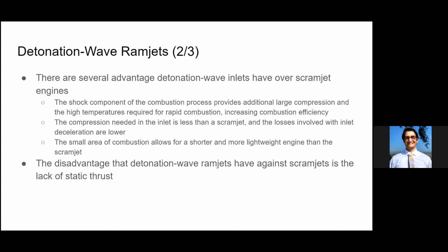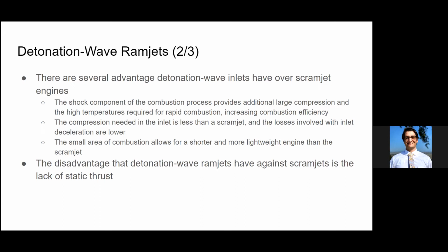There are several advantages that detonation wave inlets have over scramjets. One is that the shock component of the compression process provides additional large compression and the high temperatures required for rapid combustion, which increases combustion efficiency. The compression needed in the inlet is a lot less than that of the scramjet, so the losses involved with the inlet deceleration are a lot lower.